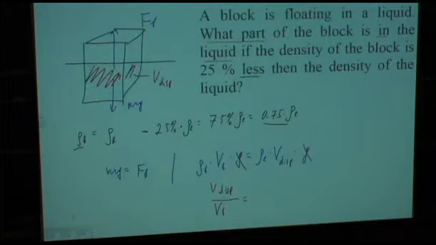And if we solve it, that's going to be equal to the ratio of the density of the material of the block divided by the density of the liquid. And we know this ratio is equal to 0.75. So 25% of this box will be above the surface and 75% of this box will be below the surface.